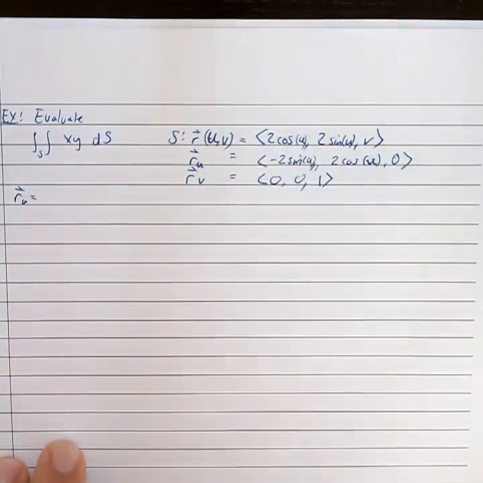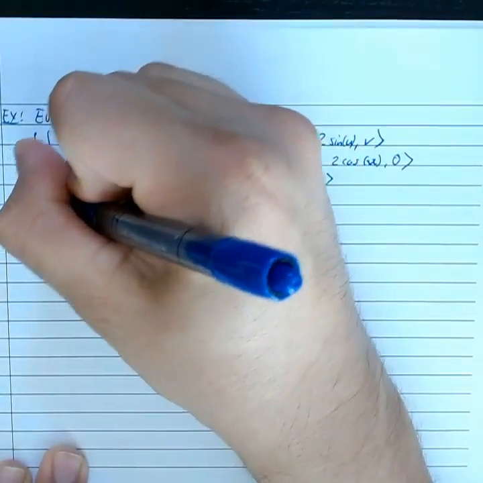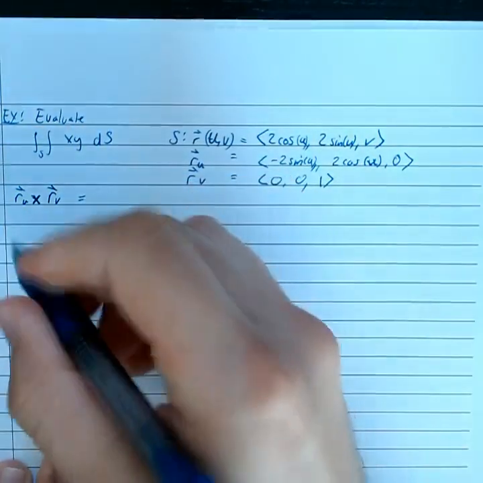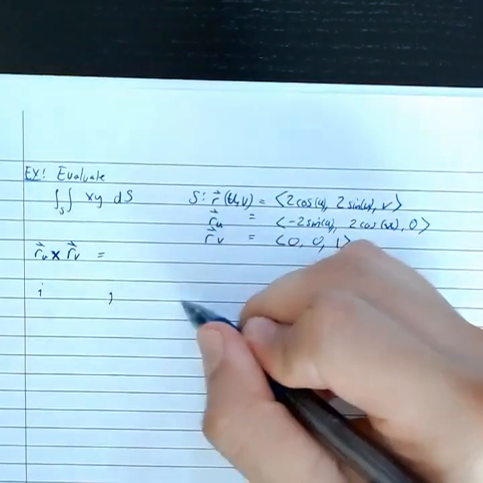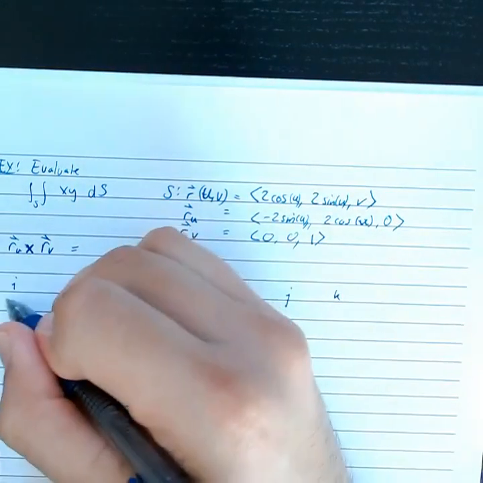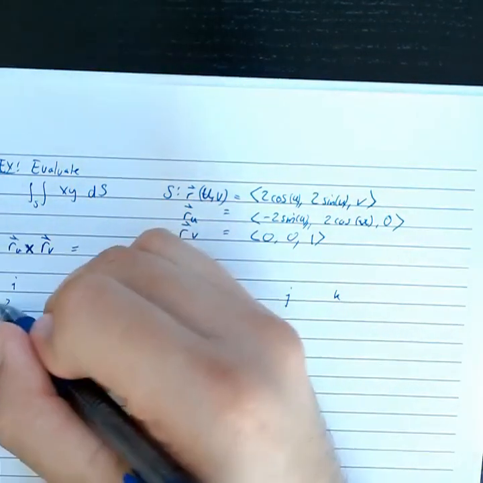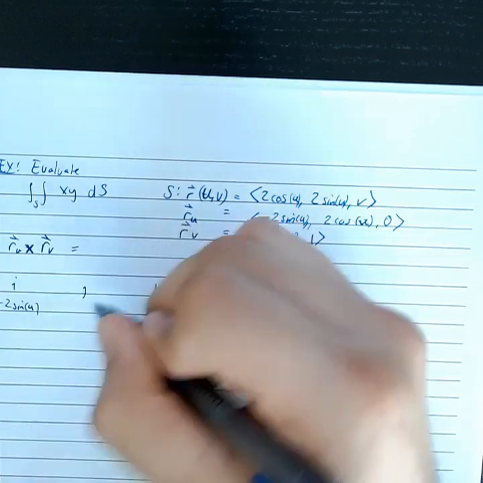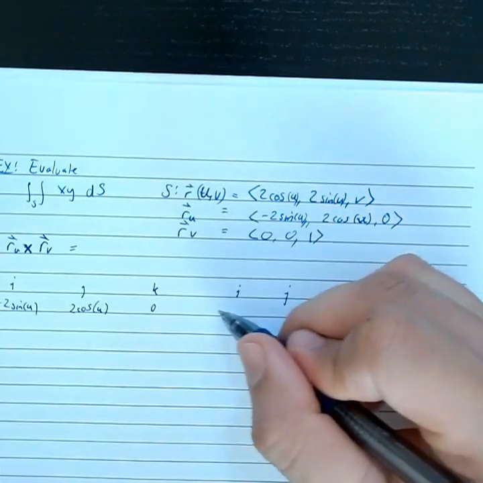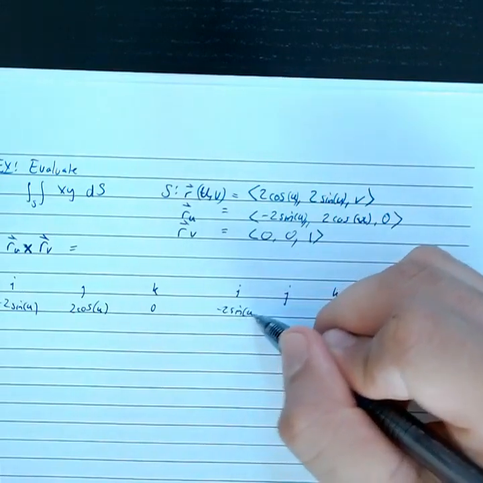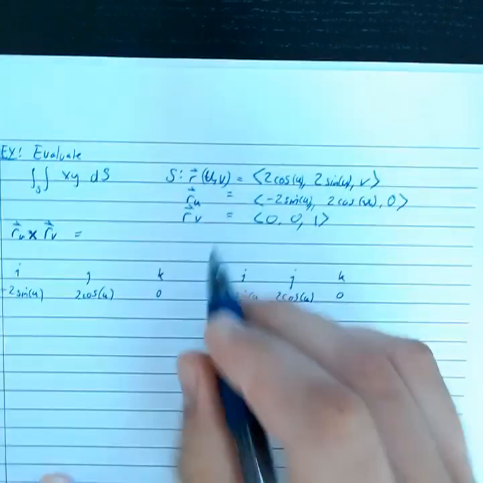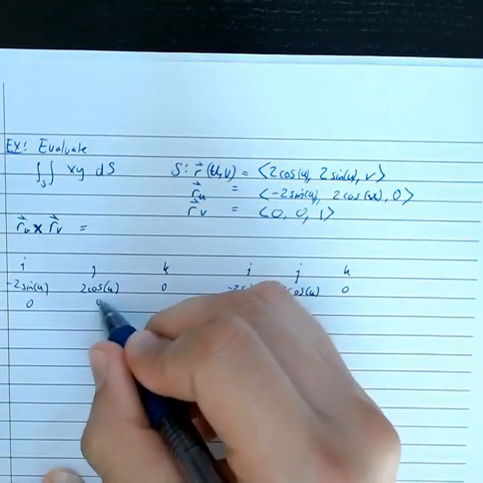Now I'm going to take r sub u cross r sub v, and let's see what happens there. Let me write that out. r sub u is negative 2 sine of u, 2 cosine of u, and 0. And then r sub v is going to be 0, 0, 1.